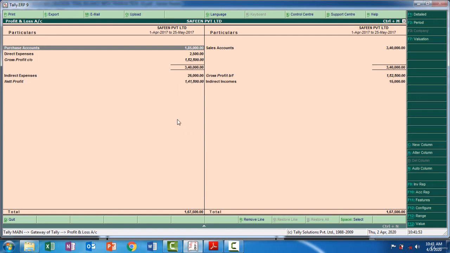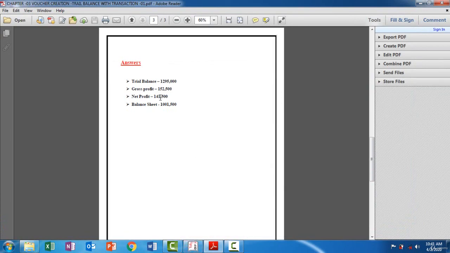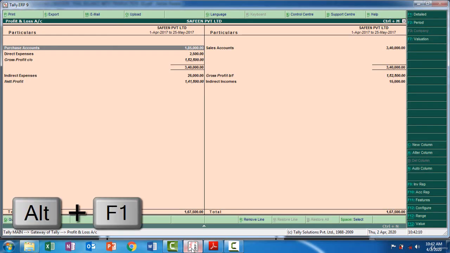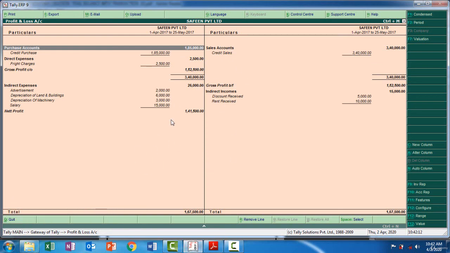That's correct. And net profit is 141,500. The net profit is 141,500. That's also correct. And if you want more details, press Alt plus F1. You can see all the information in the profit and loss account.